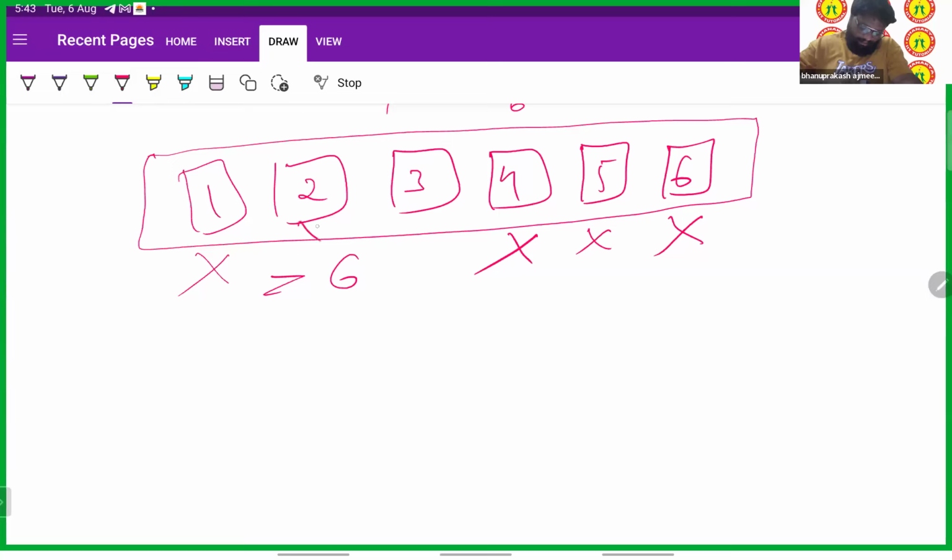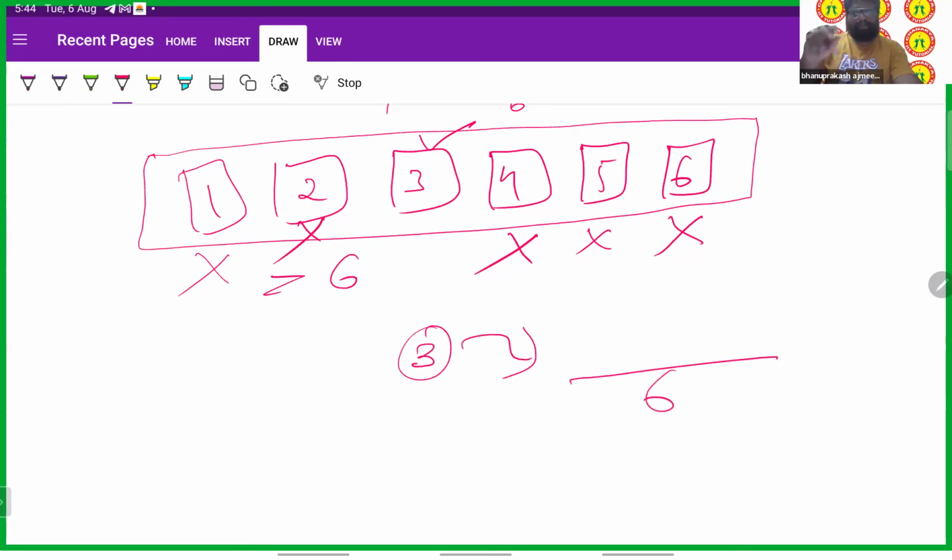Again 2, not my event. So how many outcomes have I finished now? I did 5 experiments, and one last chance I have, rolling one more time. At that time, if I get 3, then out of 6 attempts, any time I roll, I may get 1.